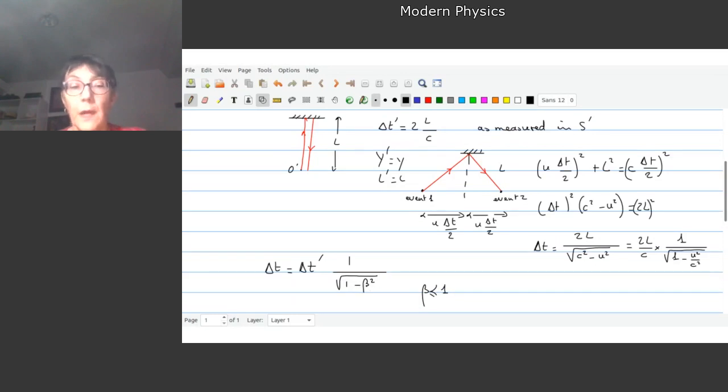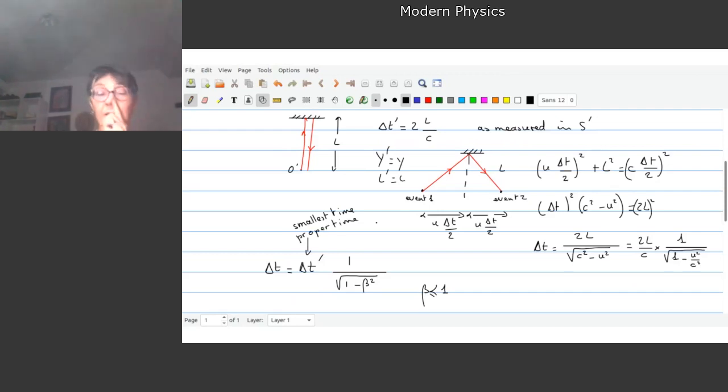And so this is smaller than 1, this is bigger than 1. So the smallest time here is this delta t prime, and it is called the proper time.